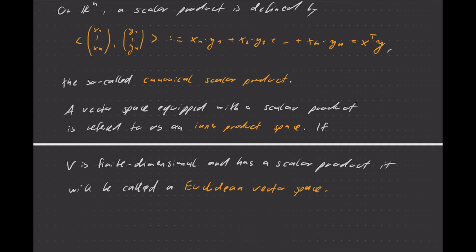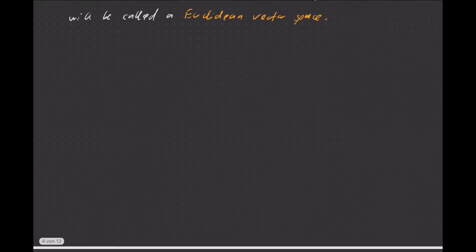Now, I already said we'll be introducing a scalar product this way because I want to emphasize the connection between scalar products, norms, and distances. And let's just see what this connection is. That's a first theorem here.